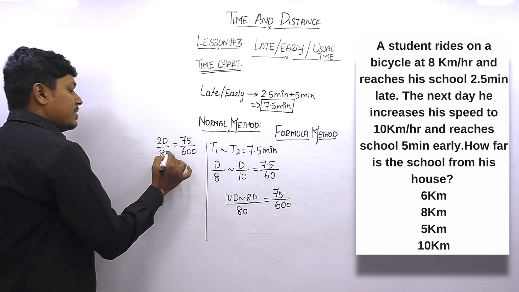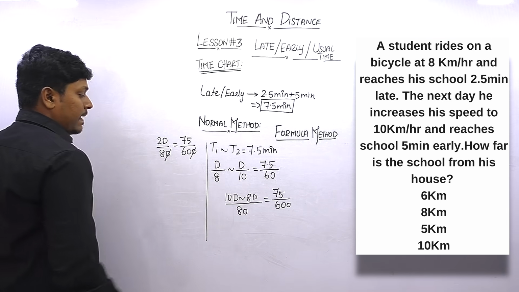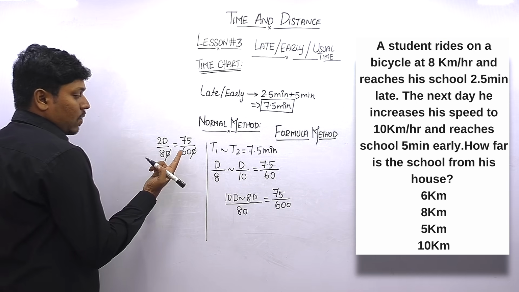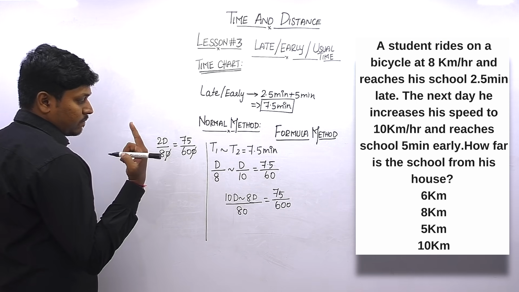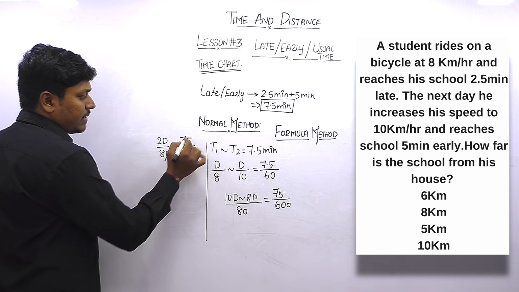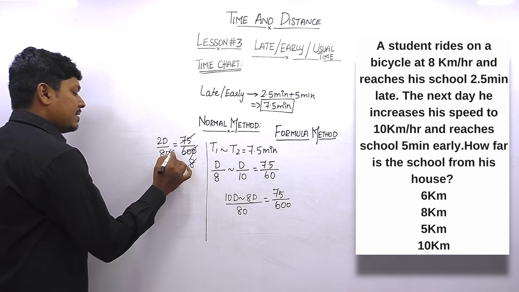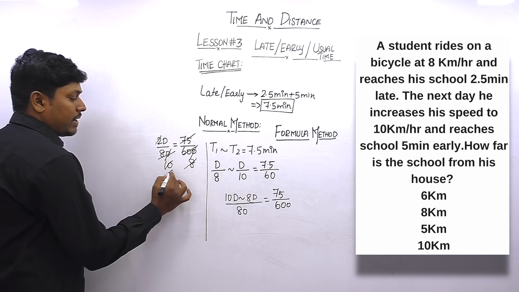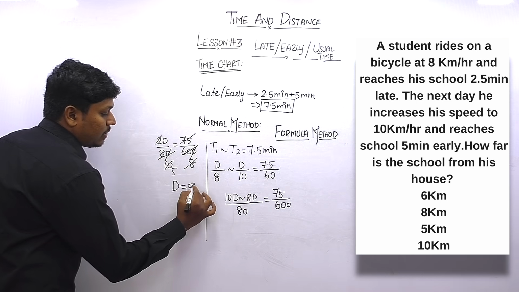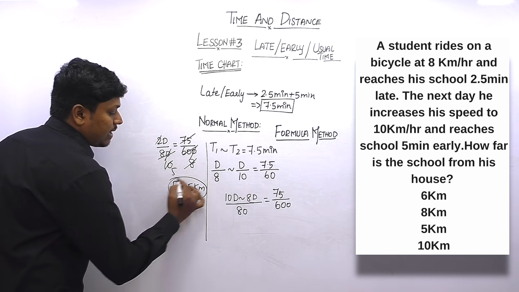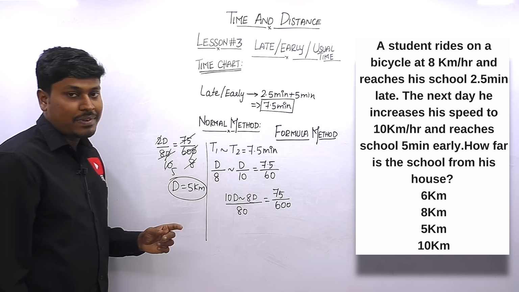Now you can cancel this 80, and similarly you can directly cancel 75 8 times, and you can cancel this 10 times. So 1 5 times. So d is equal to 5 km. So finally we can say that the answer for this question, the distance, is 5 km.